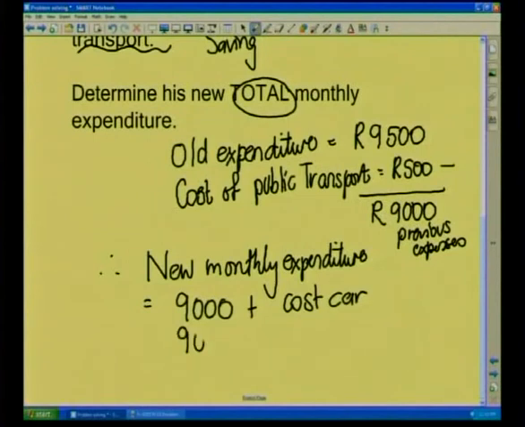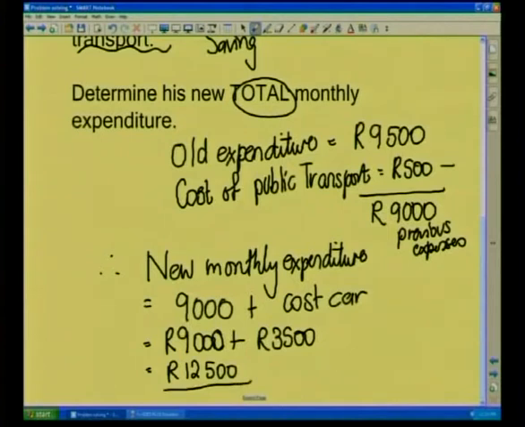So it's going to be 9,000 plus 3,500, which is going to be 12,500 Rand. Lucky he got a raise, otherwise he wouldn't be able to afford it.